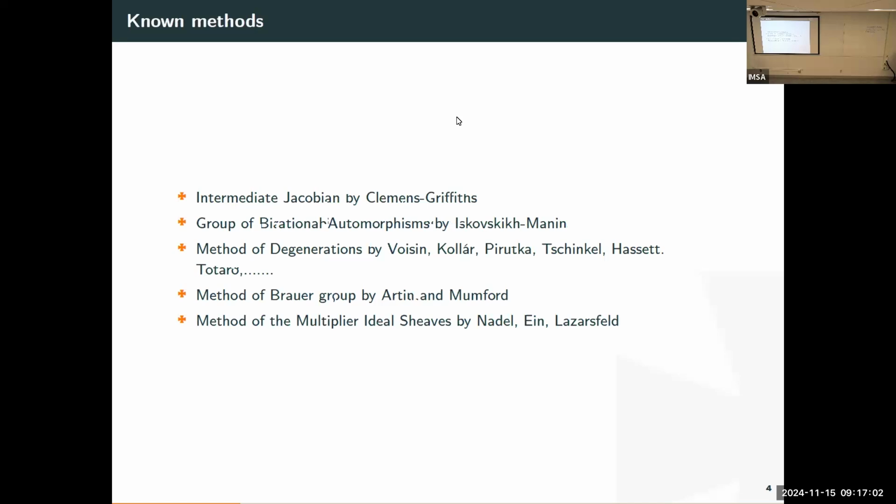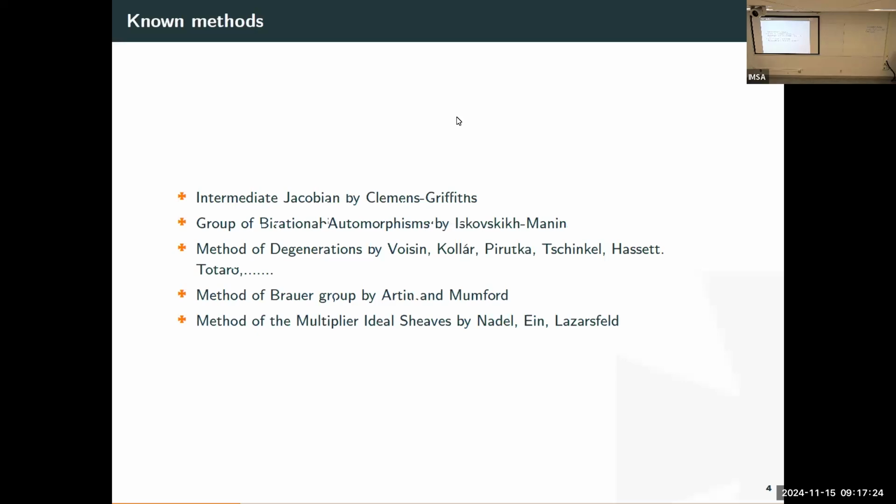There were many other methods developed, and that's the method of degeneration by many people, Voisin, Colliot-Thélène, Pirutka. I'm sure that I'm missing names. And of course, some people did combine the degeneration method with the method of intermediate Jacobian as well.